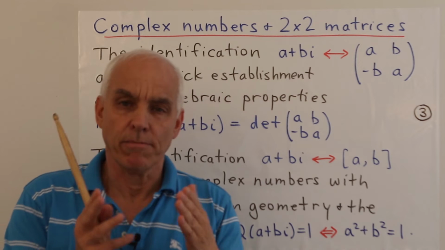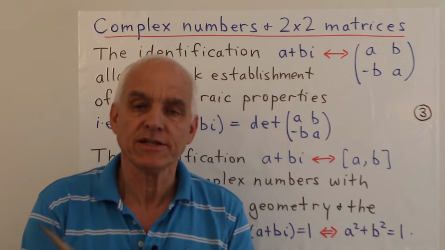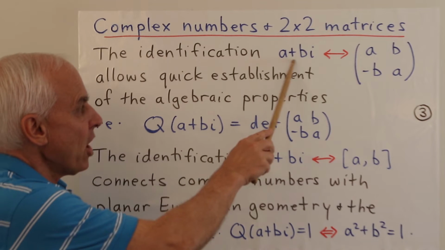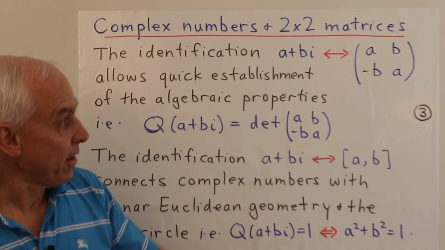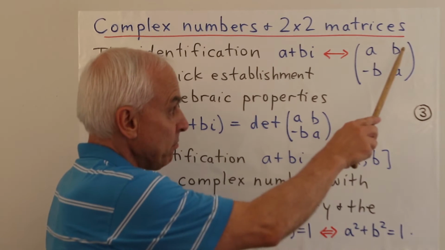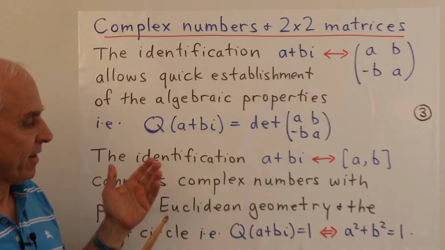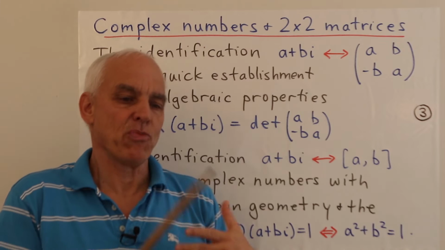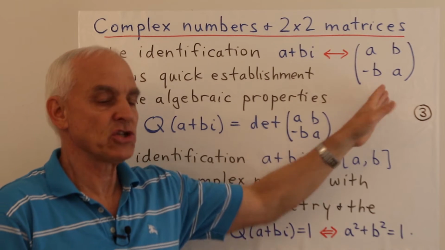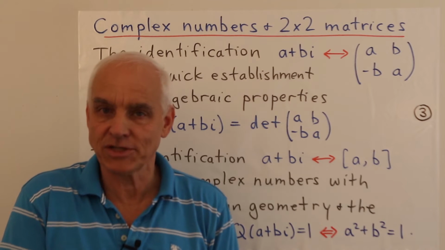Now, there's an important modern way of thinking about complex numbers, which ties it more closely to linear algebra. And that is to identify the complex number a plus bi with the 2 by 2 matrix (a, b; minus b, a). So in this way, the algebraic properties of the complex numbers are just derived from the usual algebraic properties of matrices.